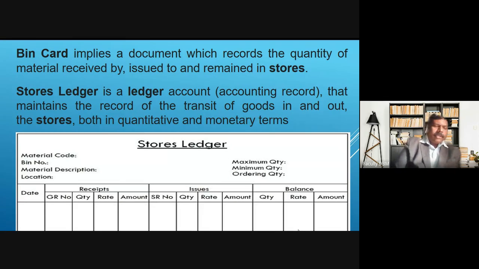So broadly, we have the receipts, issues, and balance, and we are going to report according to this format.